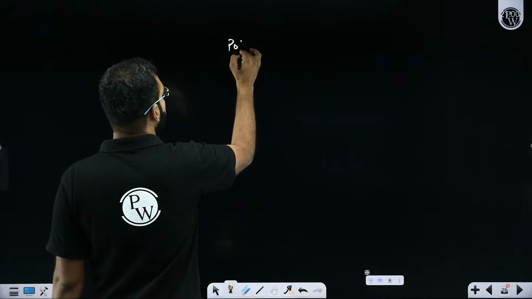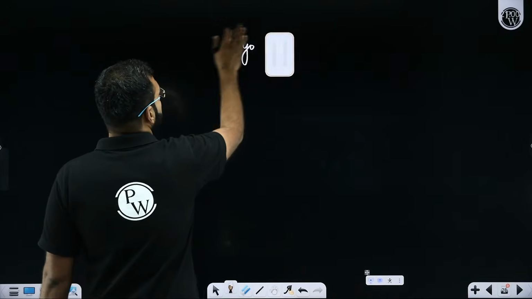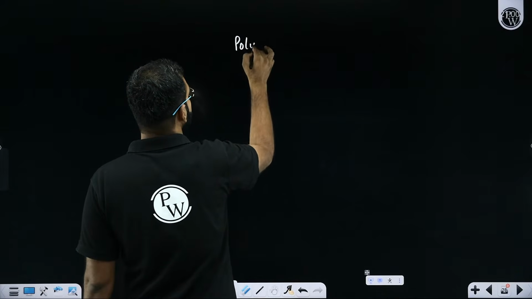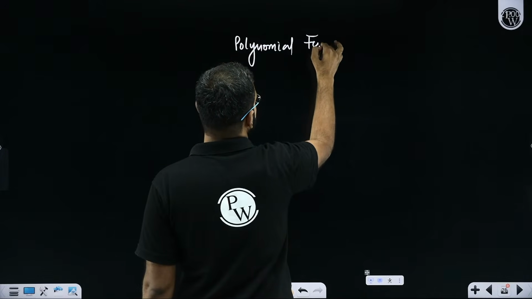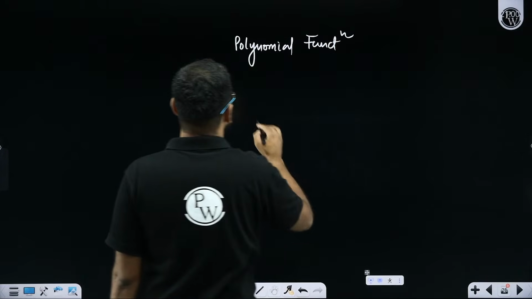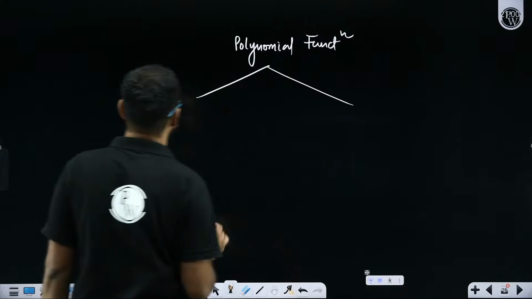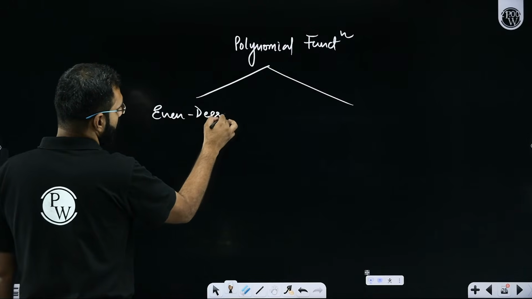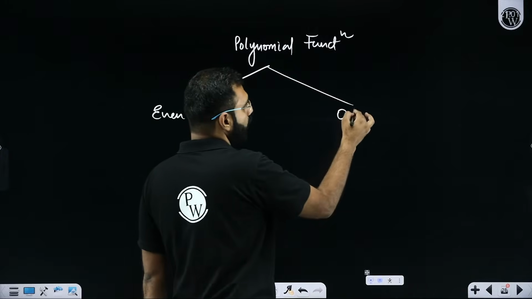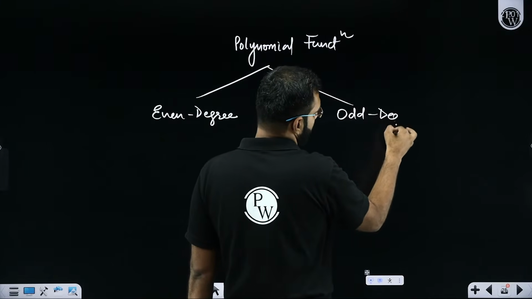Polynomial functions can be divided into two categories: even degree polynomials and odd degree polynomials.